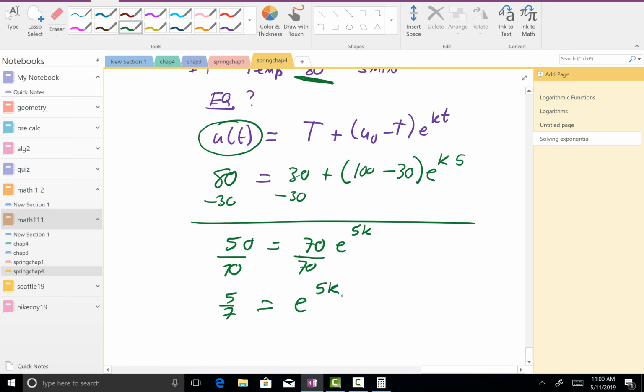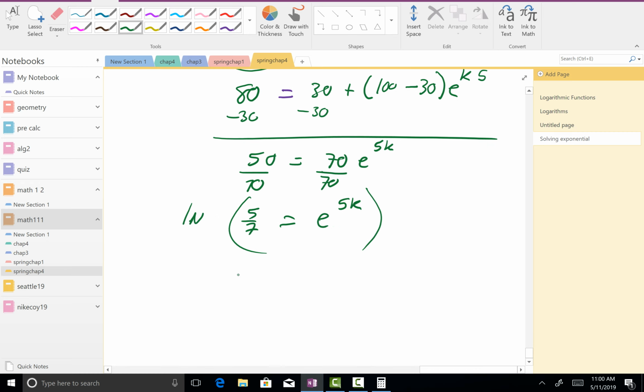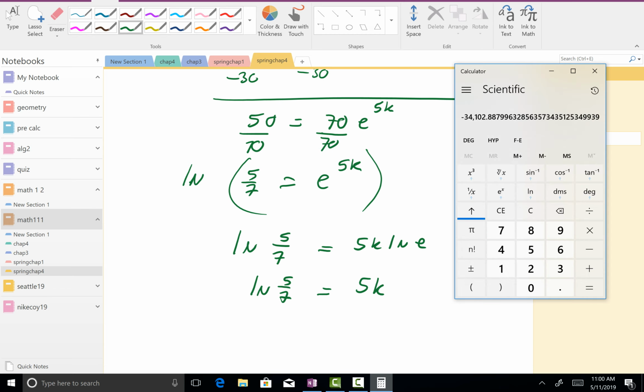So I'm going to get rid of this. 5 divided by 7 equals, take the natural log of that. I get a negative divided by 5. So K is negative 0.067. The more digits I bring out, the better. I'm going to get a better approximate answer if I have a few more digits on my K. And now I can answer any question that they ask me to.